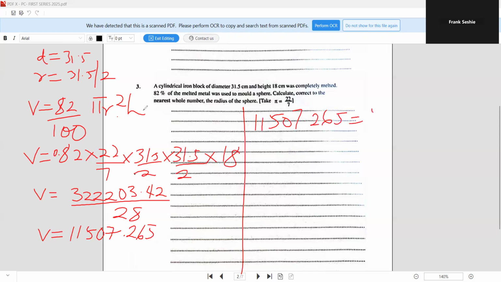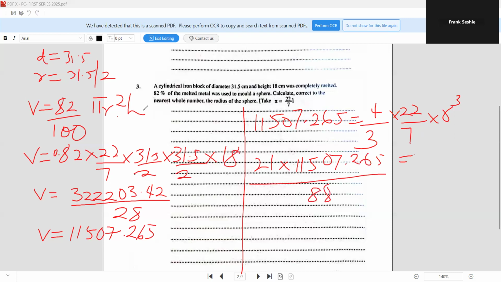11507.265. 4/3 pi is 22 on 7 times r cubed. So I multiply this by this, 21. 21 times 11507.265 out of the 88, and that should be equal to my r cubed. So I punch that on the calculator.